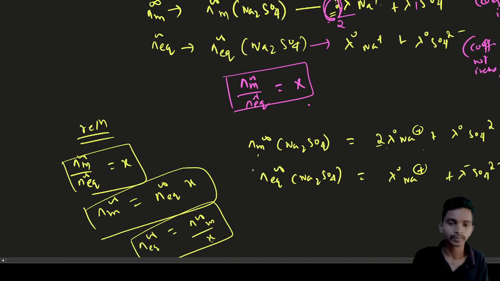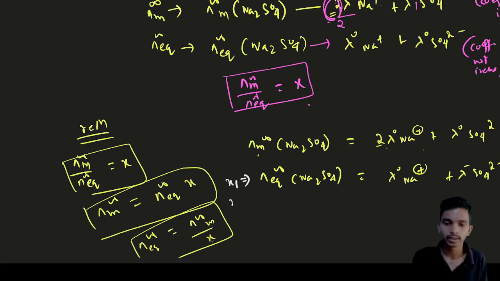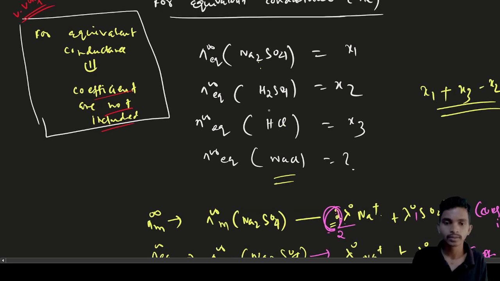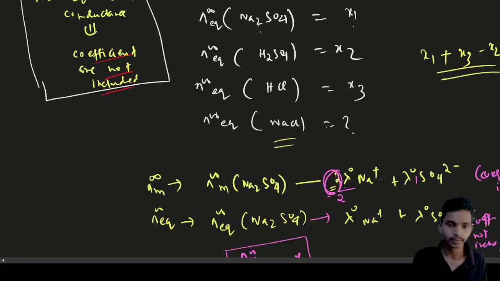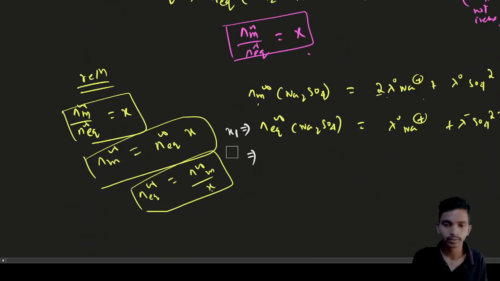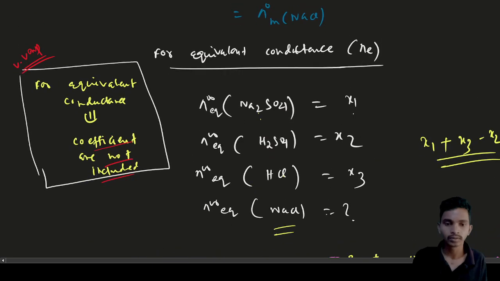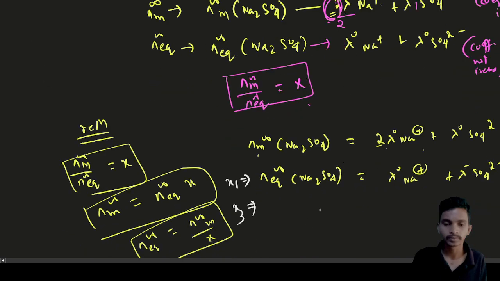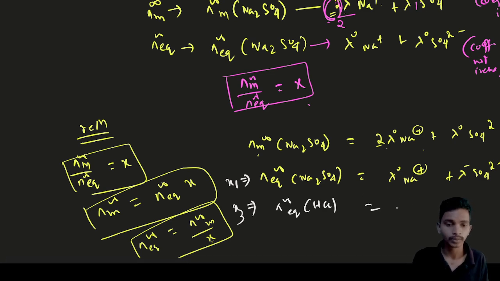So this is x1, and x2 is the molar equivalent conductance of this. If I add x1 and x3, x3 is HCl, the molar equivalent conductance of HCl. Without adding coefficients, here the coefficient is also 1, so no problem in this case.